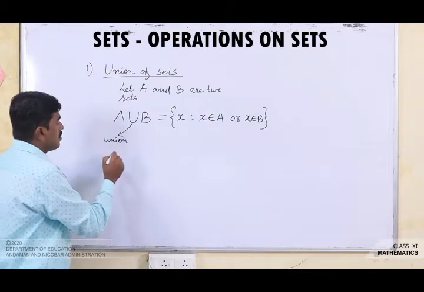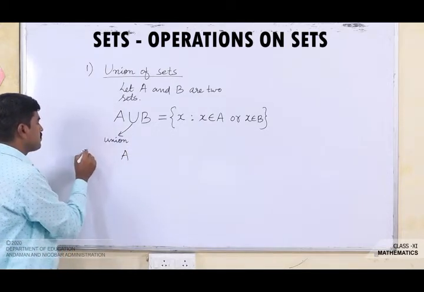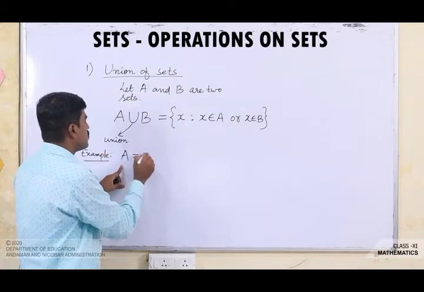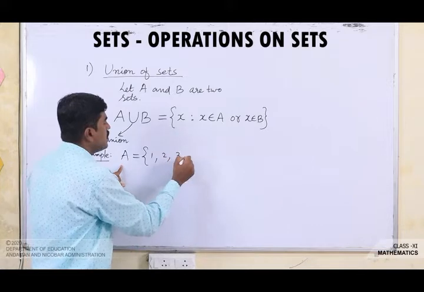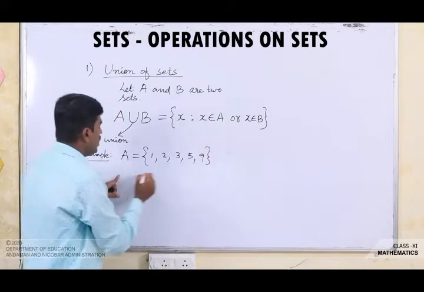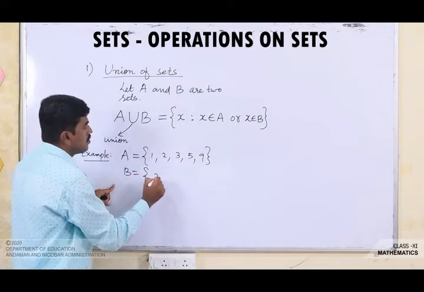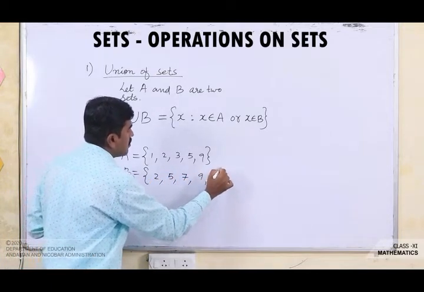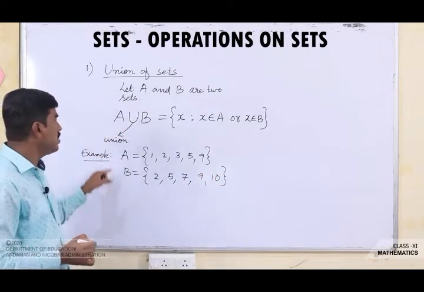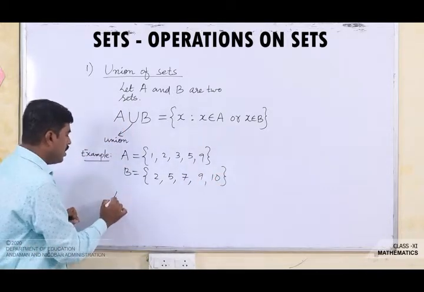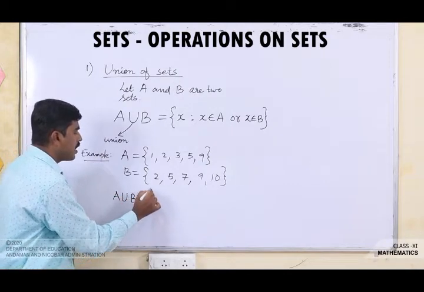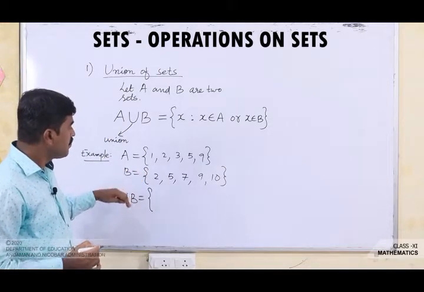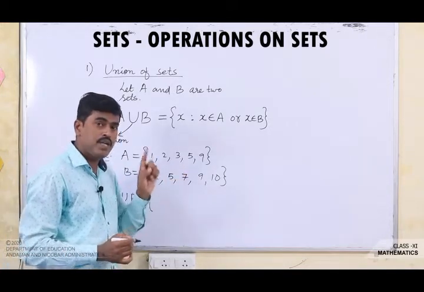For example, let us take A equals {1, 2, 3, 5, 9} and B equals {2, 5, 7, 9, 10}. Then how will you write the union of these two sets A and B? A union B means we have to write all the elements of the set A and all the elements of the set B, but we have to write each and every element only once.